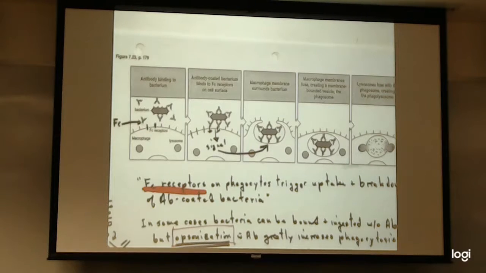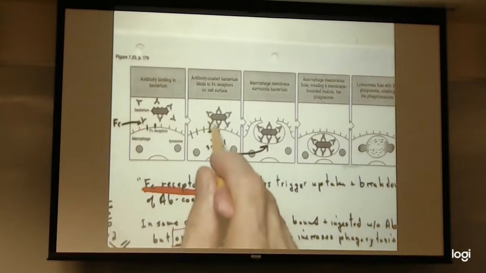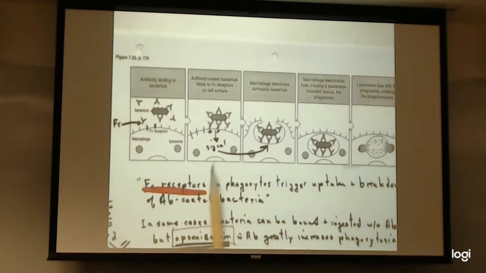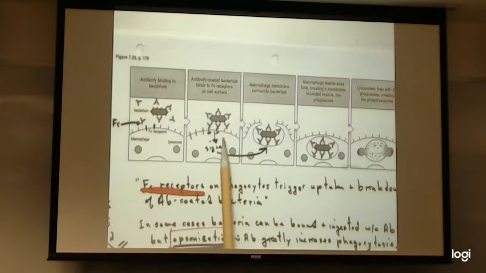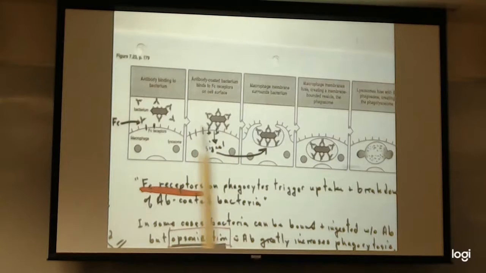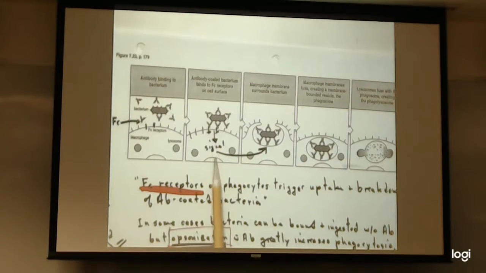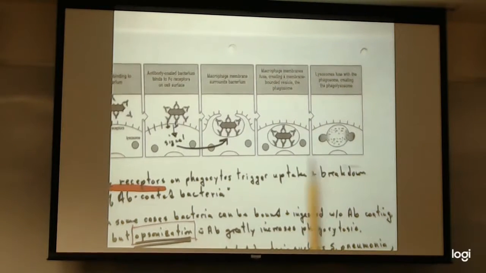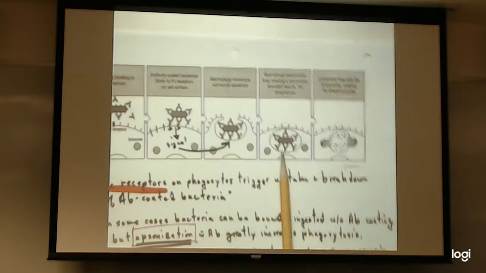Immunoglobulin Gs are often very good at opsonizing. As an Fc receptor, we call this an Fc gamma receptor. Gamma is the Greek letter for G. When the Fc gamma receptor that macrophages express binds the opsonizing antibody, that initiates a signal transduction pathway that leads to the engulfment and phagocytosis of the bacteria.